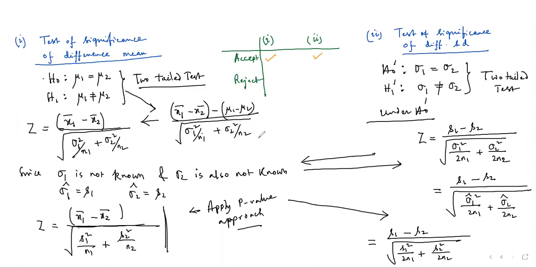Or we may reject 1 and reject 2, both. Or we accept 1 but reject 2, or we reject 1 and accept 2. These are the 4 cases that may come from here.